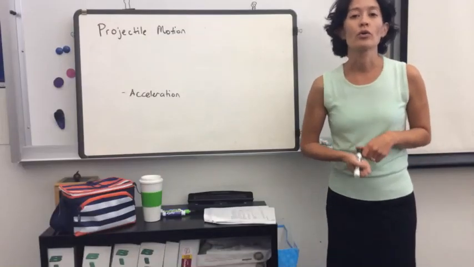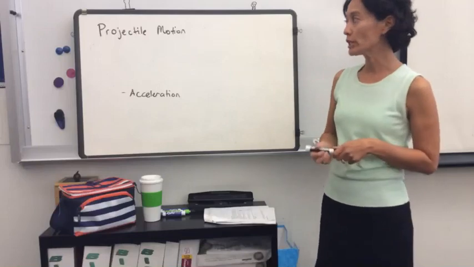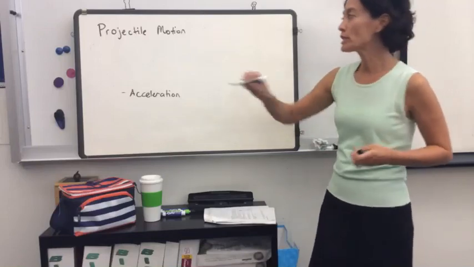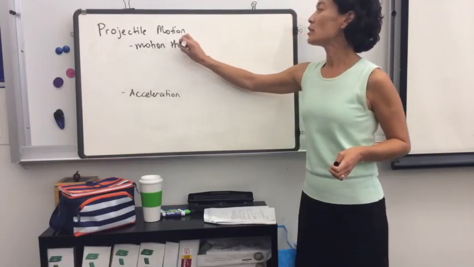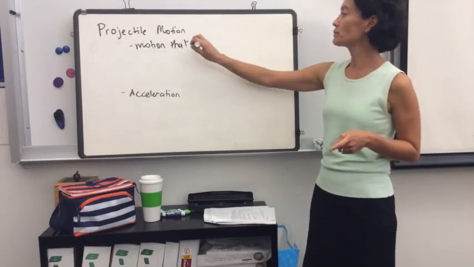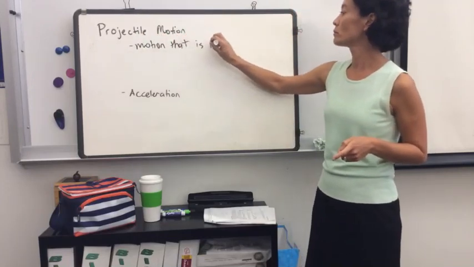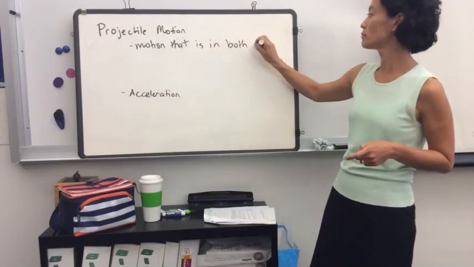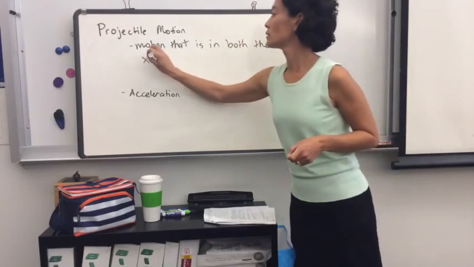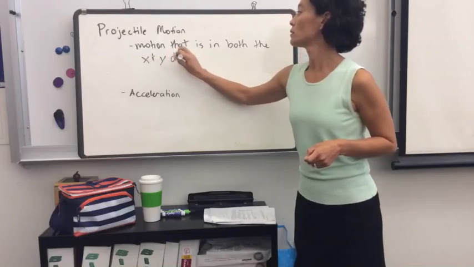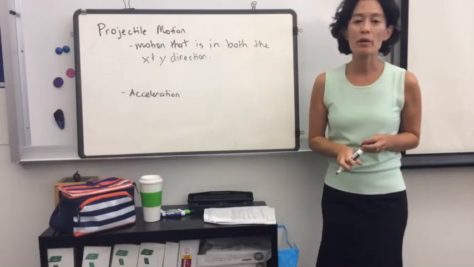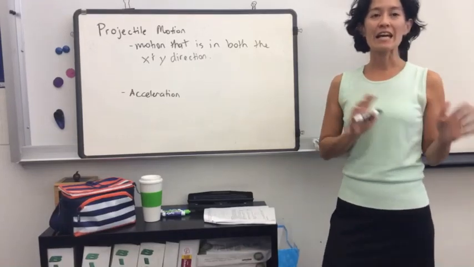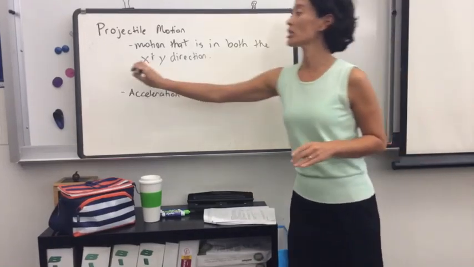Okay, so today we're going to talk about projectile motion, and effectively projectile motion is motion in both the x and the y direction. A key idea about projectile motion is that the x and y motion are independent of each other.